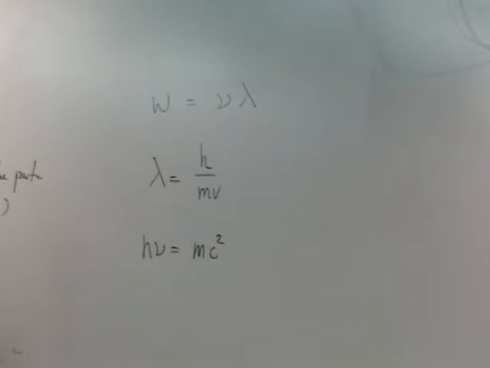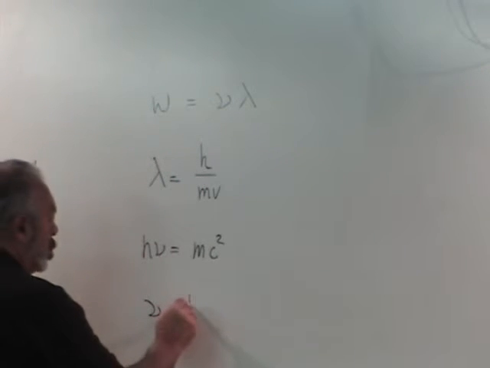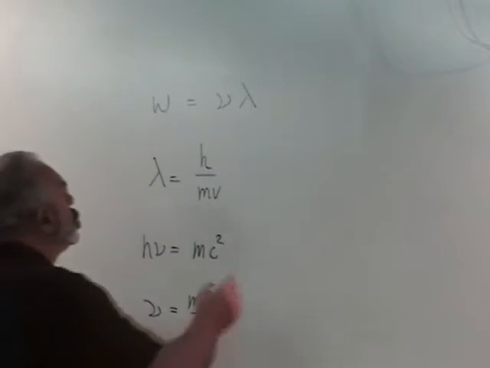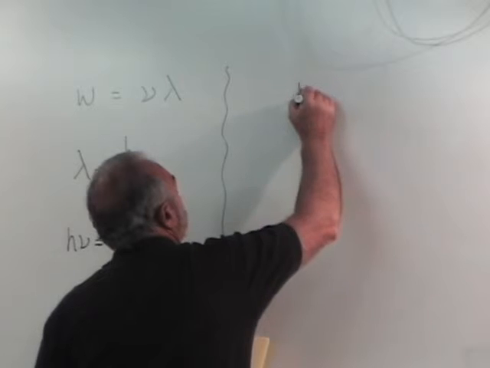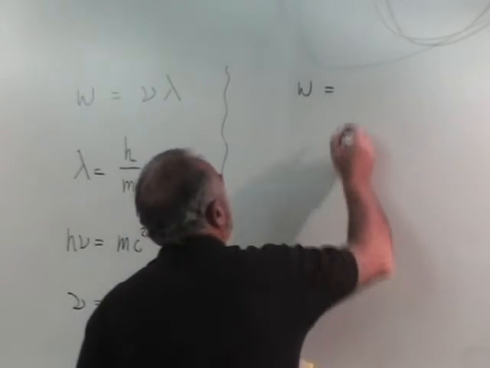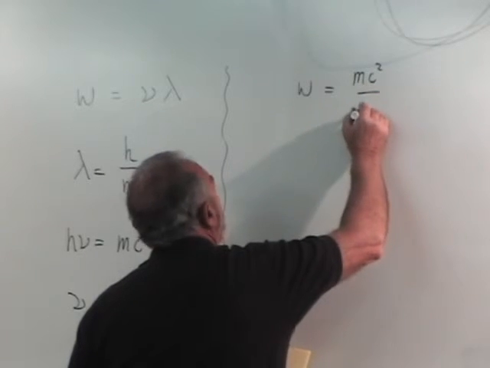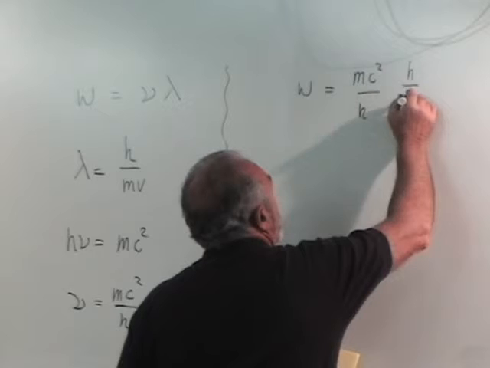So here the frequency is going to be mc squared over h. So now let's calculate the velocity of the de Broglie wave. The velocity of the de Broglie wave is going to be mc squared over h times the wavelength lambda, which is h over mv.